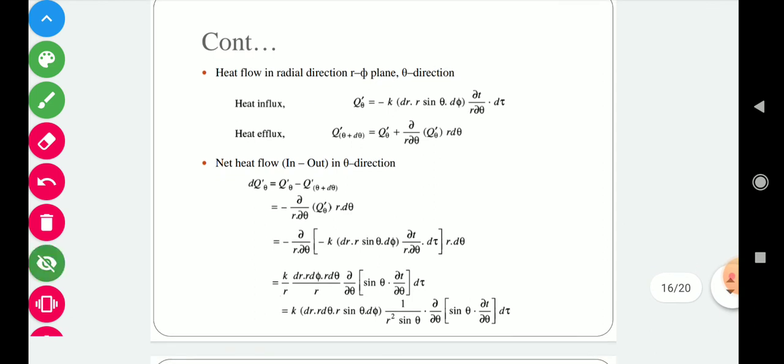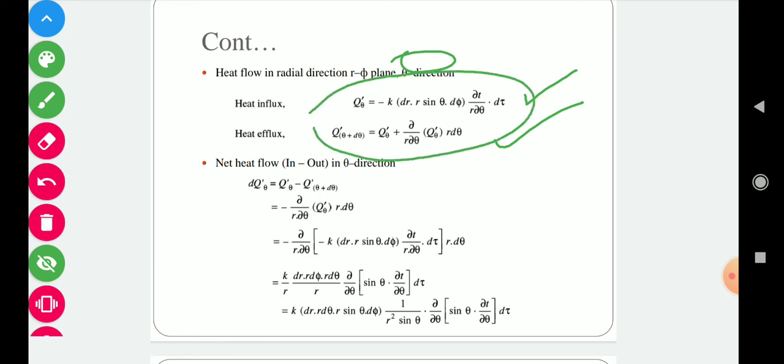Similarly, we can write the energy balance for the remaining two phases. That one is in the theta direction, that is heat influx, heat efflux, and this is the net heat flow in the theta direction, the difference of these two values.